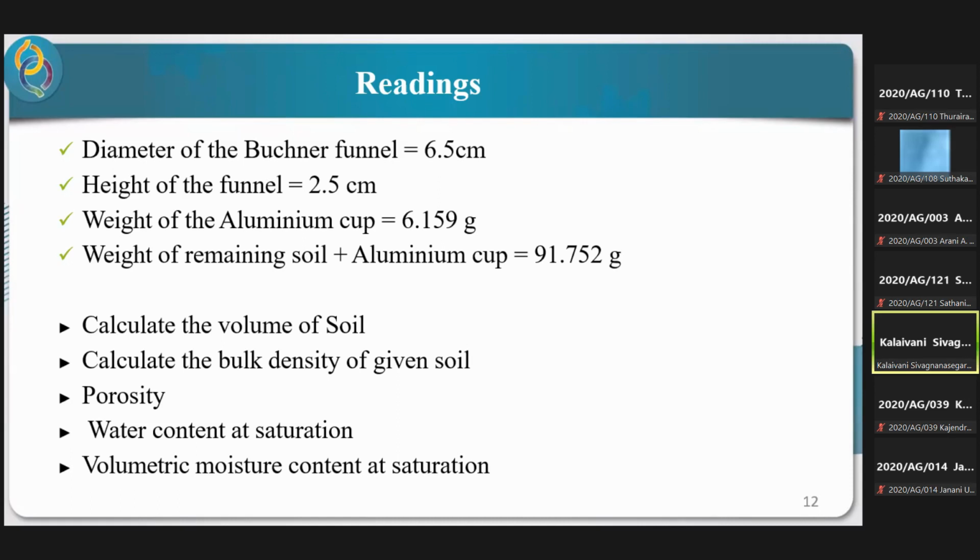Mass of soil solid over volume of soil. Am I correct? Yes, ma'am. So for that, you have to find the mass of soil solid. How will you find that one?